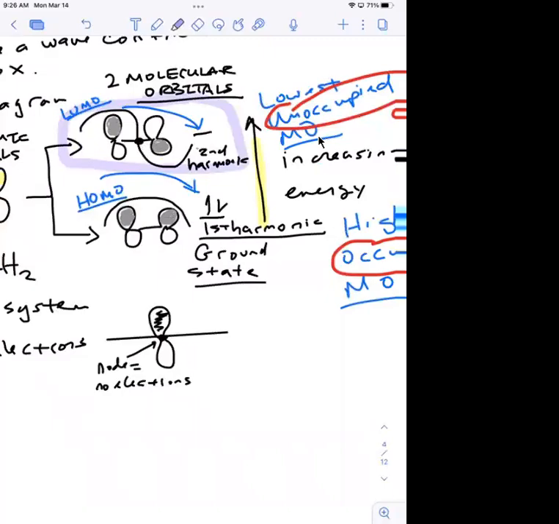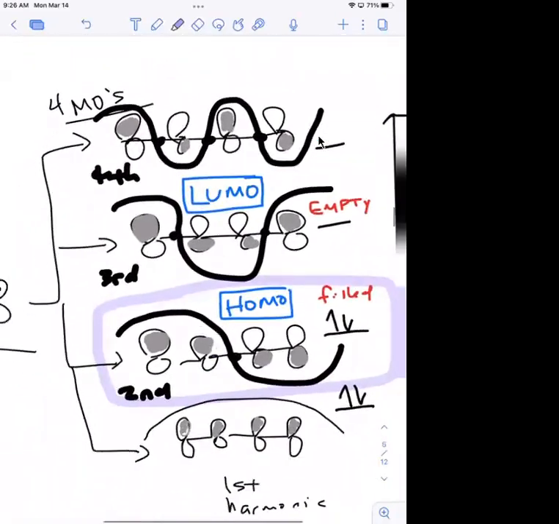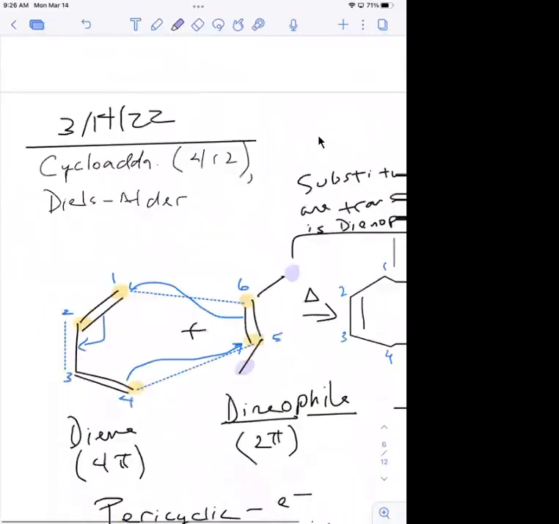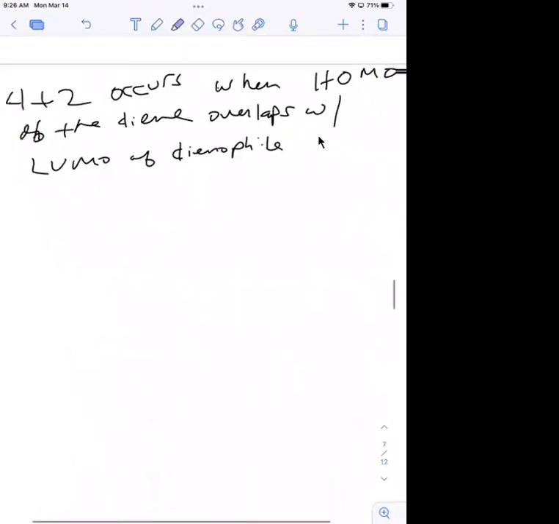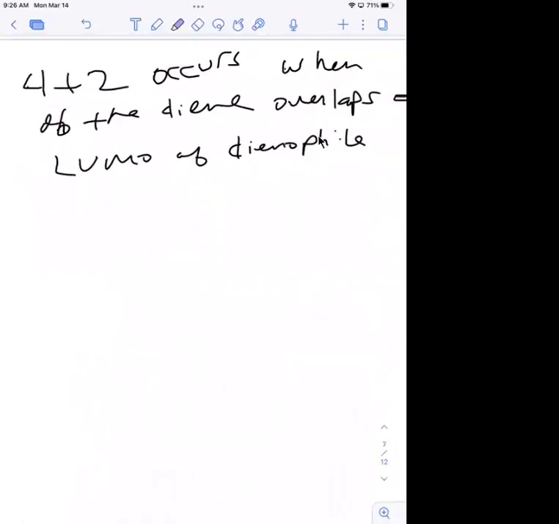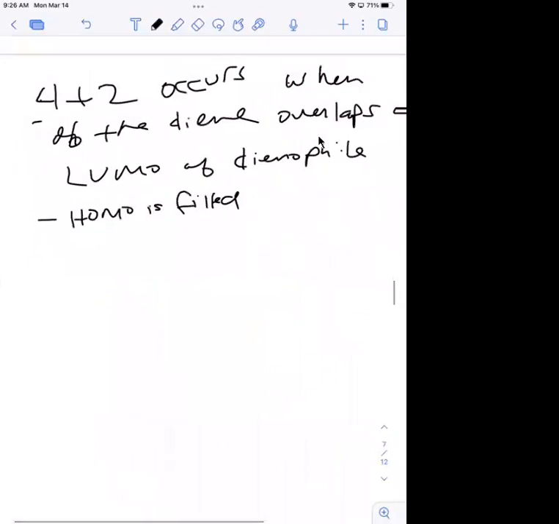And that matters. The HOMO is filled and the LUMO is empty.